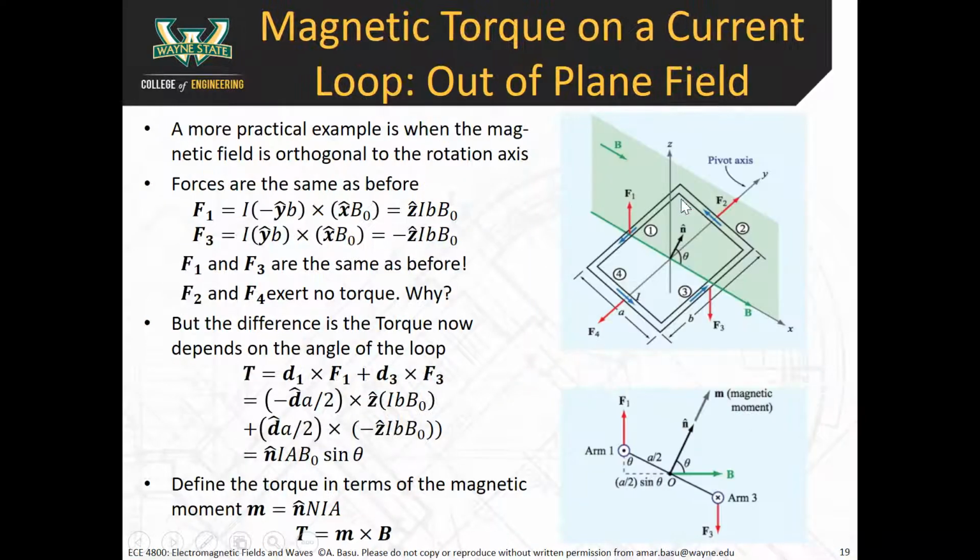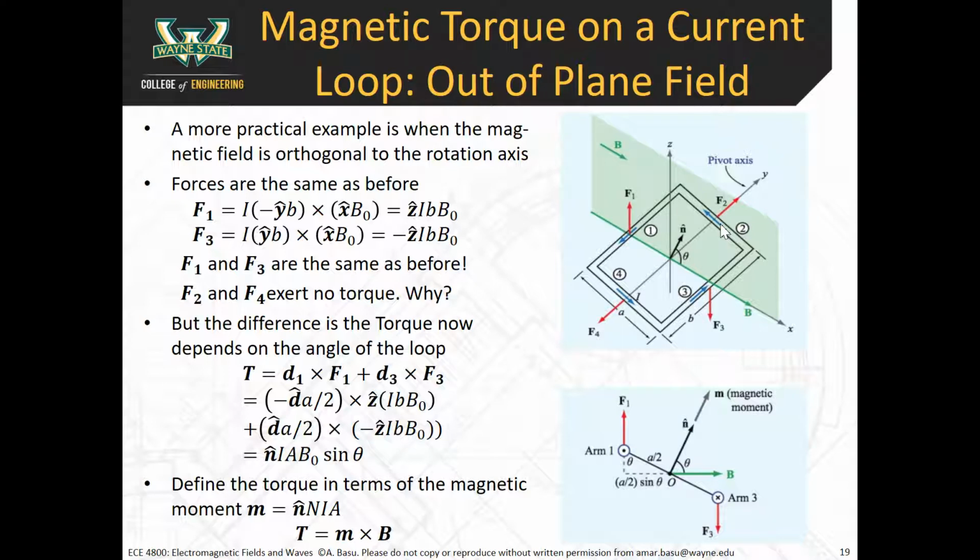But here you can see it's not 0 or 180 degrees. There's some angle there, and as long as there is some angle, some force will be generated. If you do the right-hand rule to figure out force 2, your first finger points in the direction of the force, and your middle finger points in the direction of the magnetic field. It'd be kind of like this, as I'm showing you here.